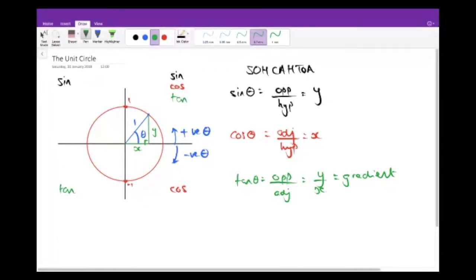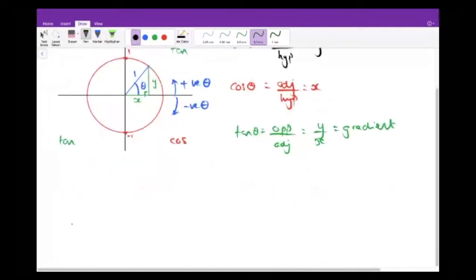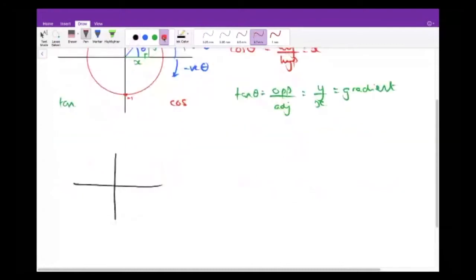So if I take all of this and summarize the information together, what I can see then are the regions when each trig function is going to be positive, and obviously if it's not positive, it must be negative. So we say all are positive in the first quadrant, so that's a capital A. Sine is positive in the top left. Tan is positive in the bottom left, and then cos is positive in the bottom right.